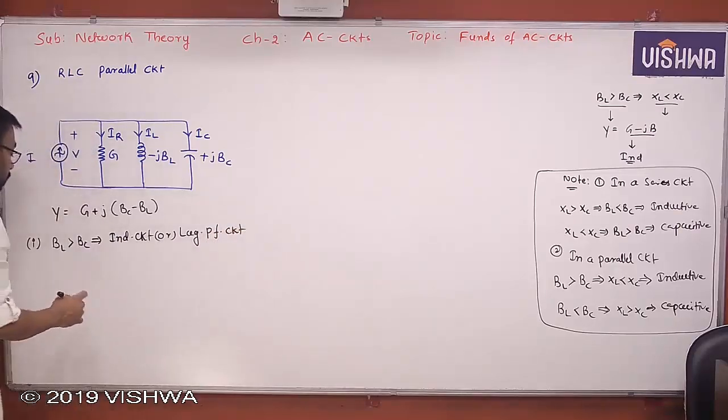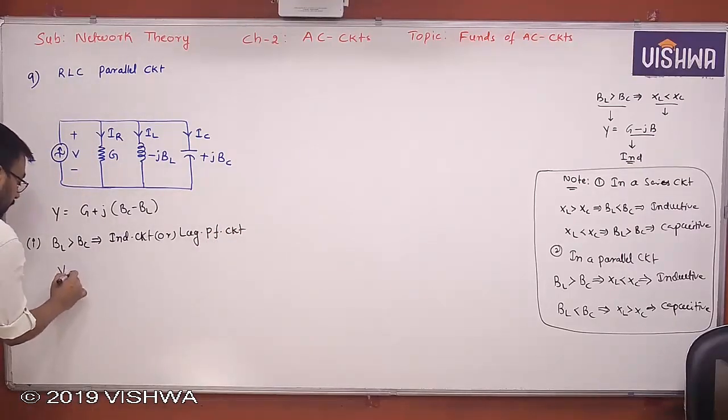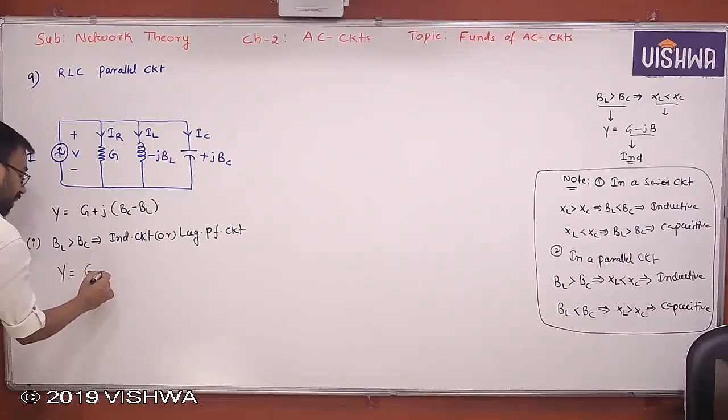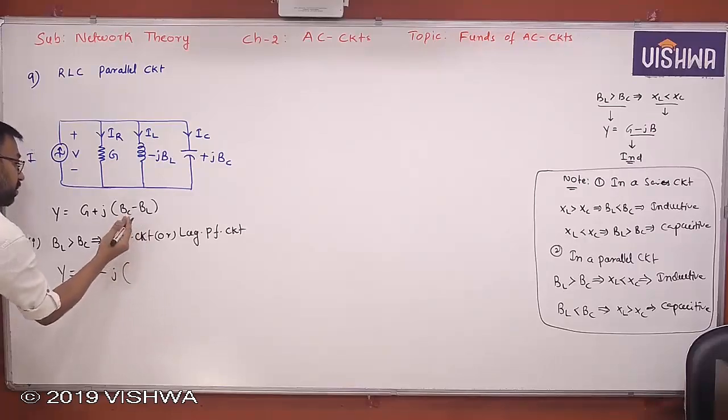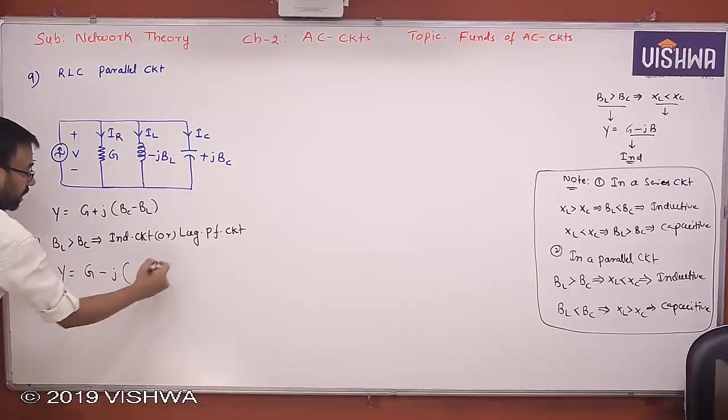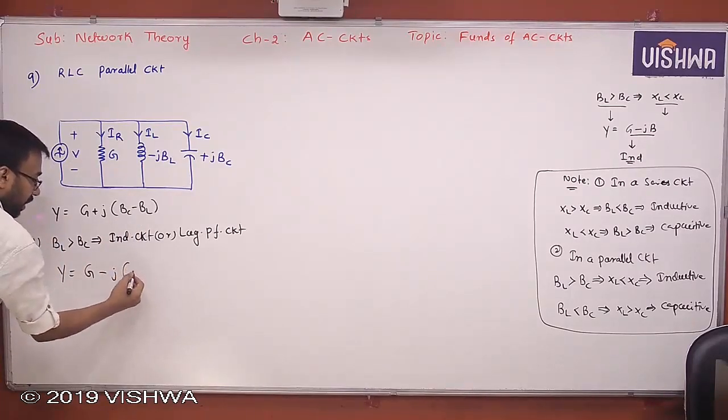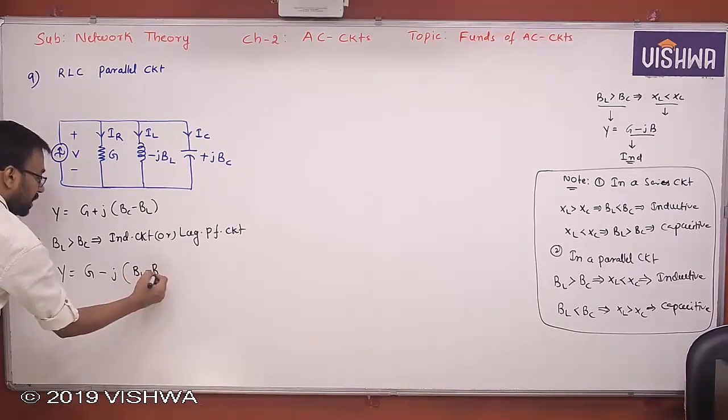Understand? Therefore, what do you get from this? Y is equal to G plus J, okay, minus, because this is negative. So let's take the negative out so that the quantity inside the bracket will be a positive value. So BL minus BC.